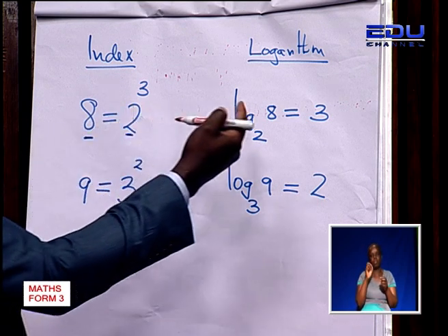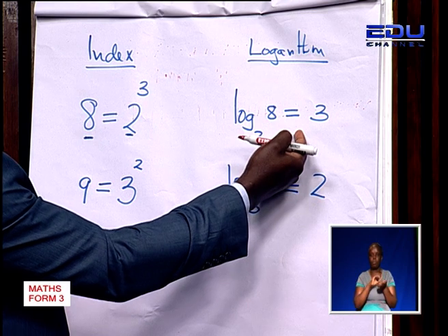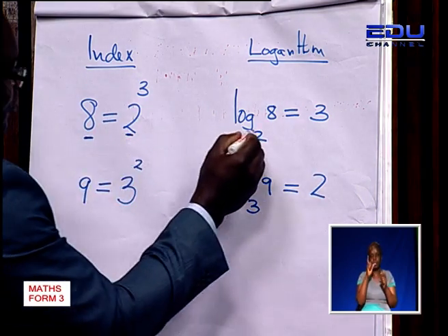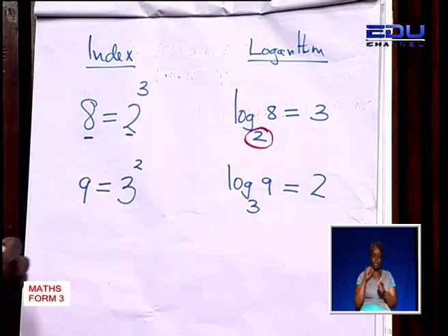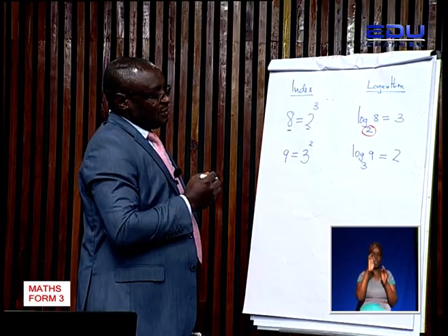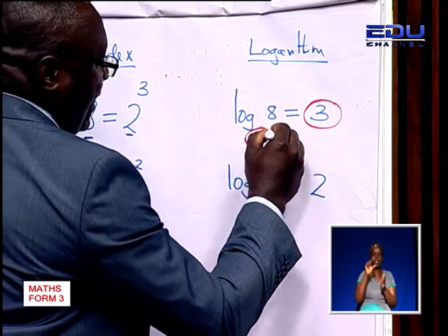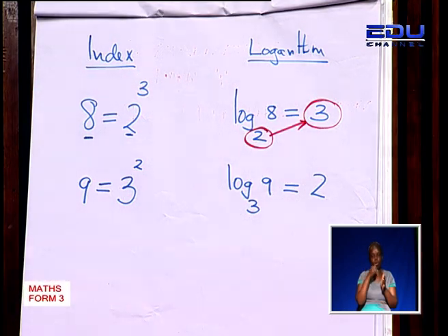For example, if I wanted to change this logarithm notation to my index notation, then I'll look at my base, and my base is 2, and my logarithm, or my power. And these are the two key numbers.